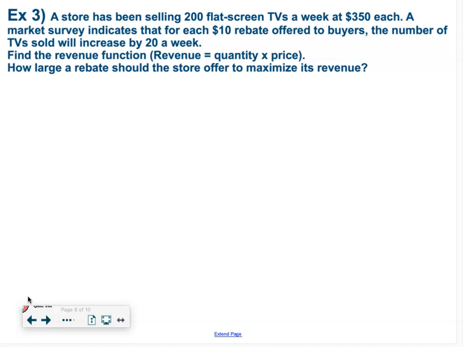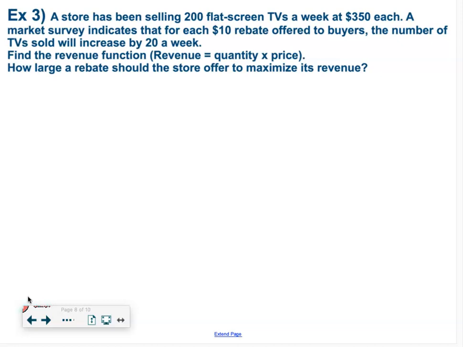So what are we trying to optimize here? Revenue. Now, there really isn't a picture to draw. It's not a geometry question. I am going to tell you how to do this, because the way that you set up your primary equation is often different than how you think you would set it up. So we want an equation for revenue.